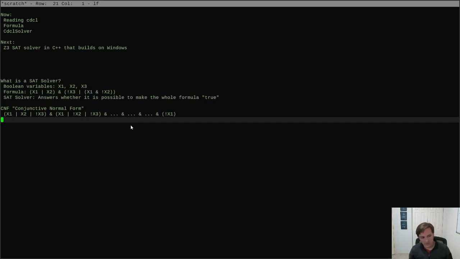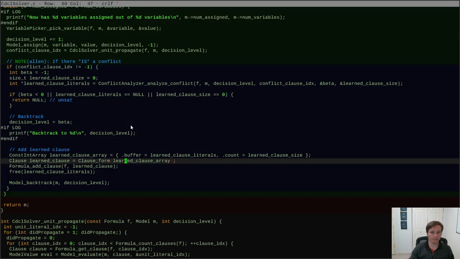Presumably, the new clause is structured in such a way that it helps to force things down better paths in future iterations of the algorithm. So it's learning structure that is deeper than what is on the surface and adding it to the formula explicitly over time. That's my guess. I haven't actually gone and seen how this is working at those levels, but that's my guess of what we're looking at.